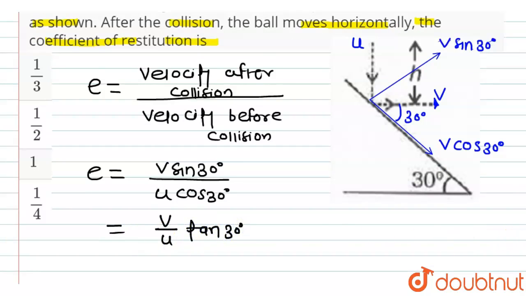30 degree. Now from figure we can say that tan of 30 degree will be equal to v divided by u, as this vector will represent the component u. Actually this is u cos of 30 degree.